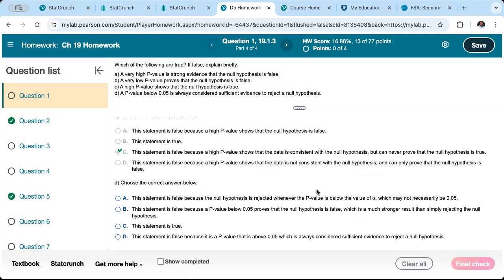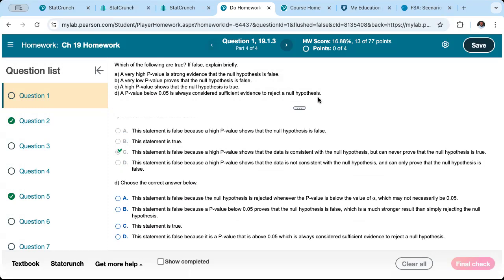And then let's get to D. D says that a p-value below 0.05 is always, the key word here, always considered sufficient evidence to reject the null hypothesis.